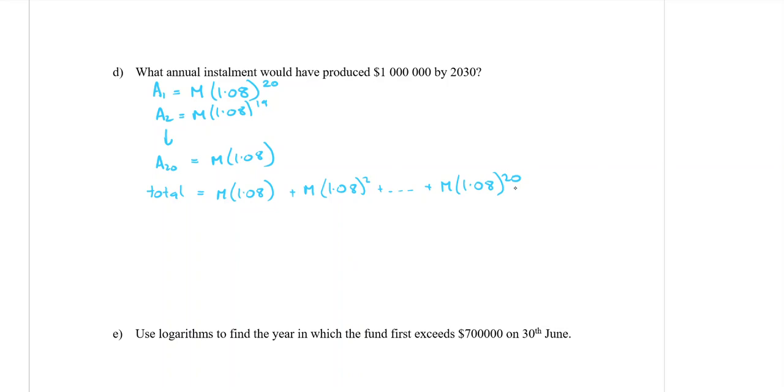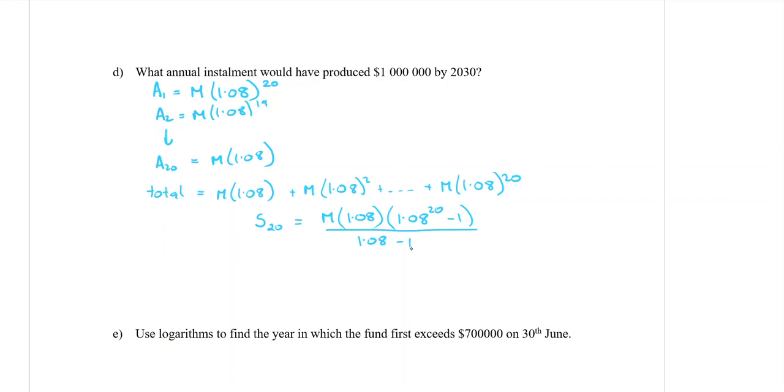And we're going to sum it with our sum formula. The sum of those 20 terms will be the first term, which is M times 1.08, then R to the N, which is 1.08 to the power of 20 minus 1, over 1.08 minus 1.